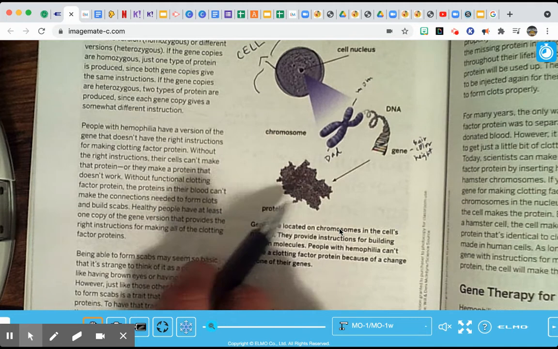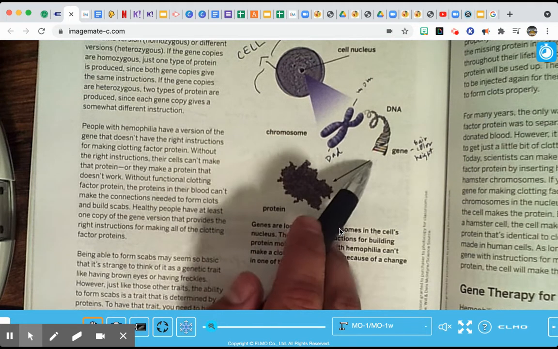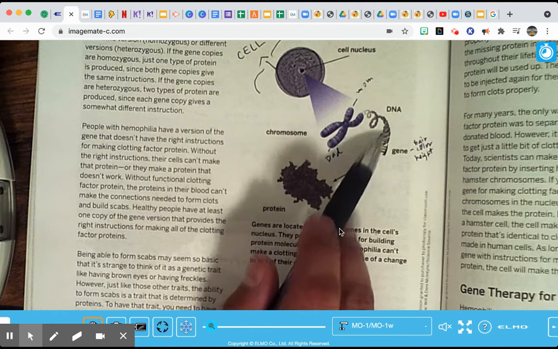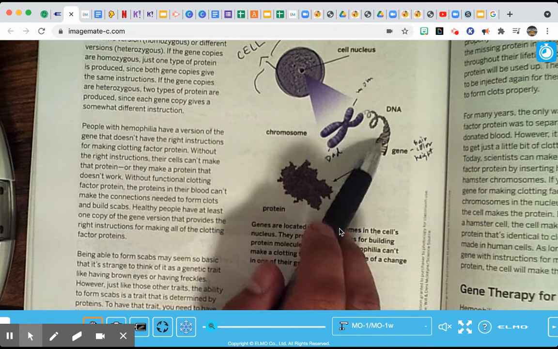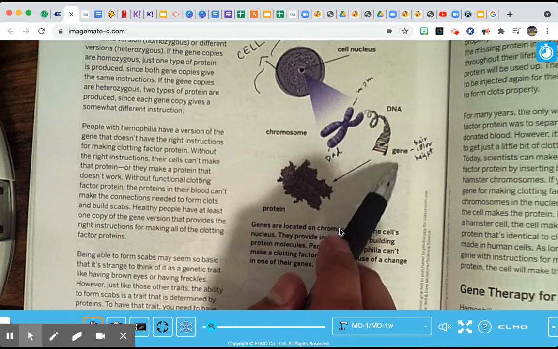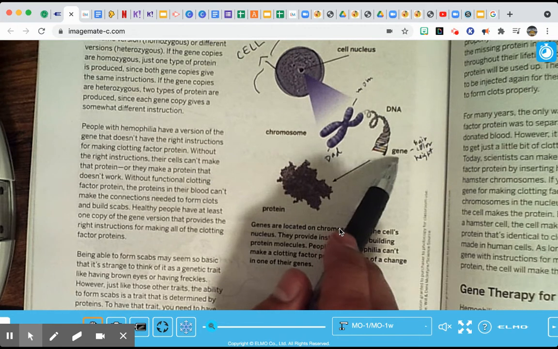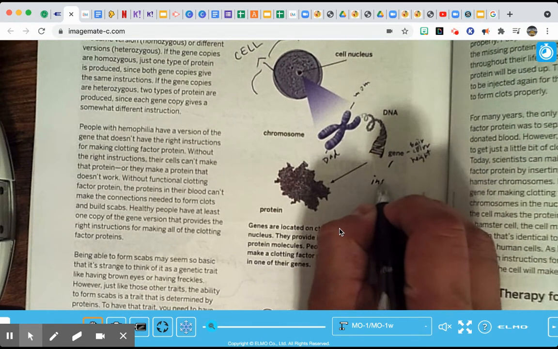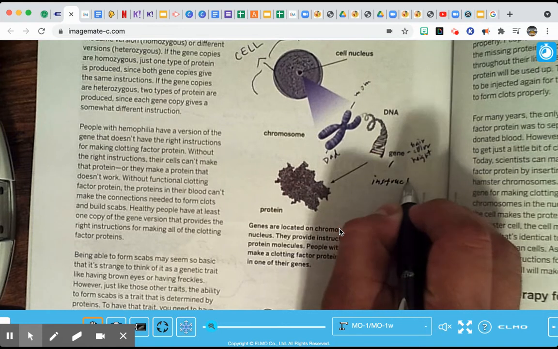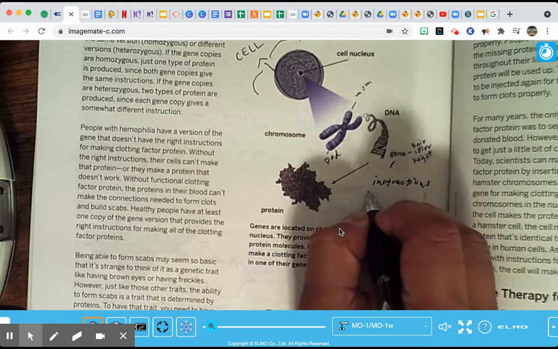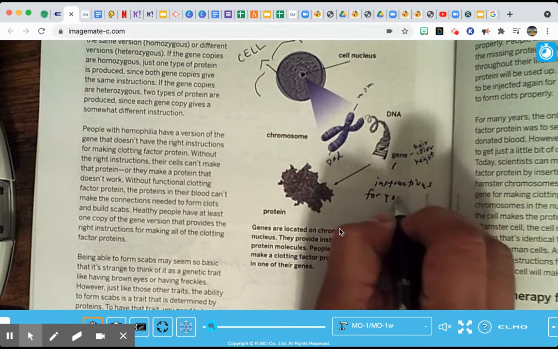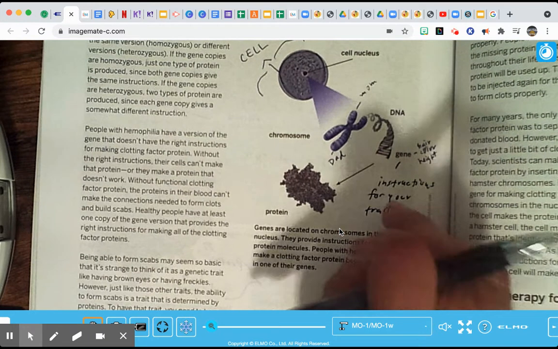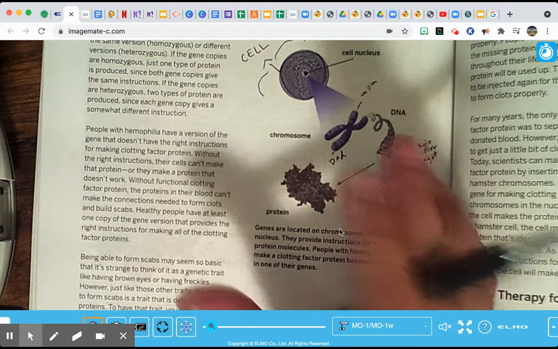And you have the protein that lives inside of the DNA. And the gene is what gives the instructions for your trait. Like your hair color or how tall you are.